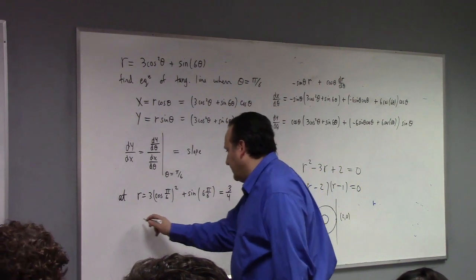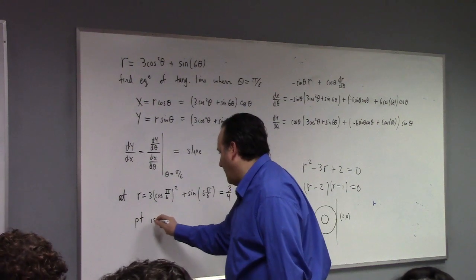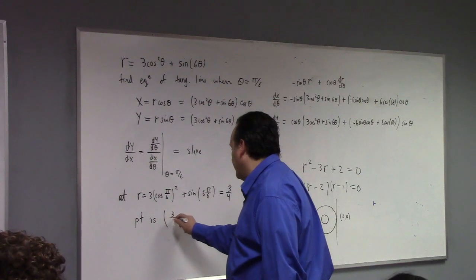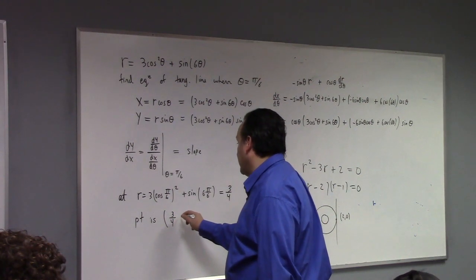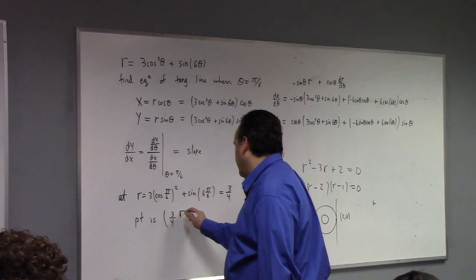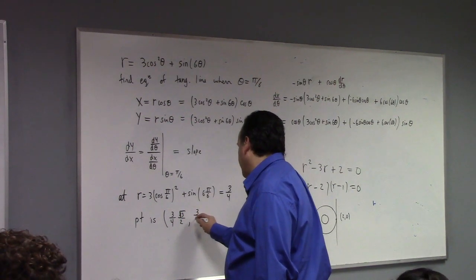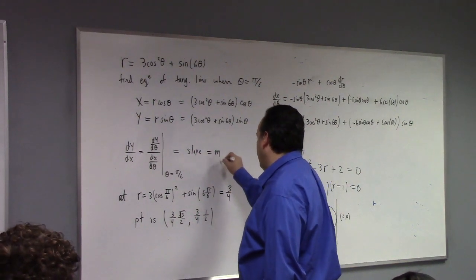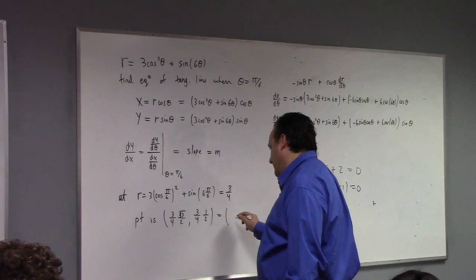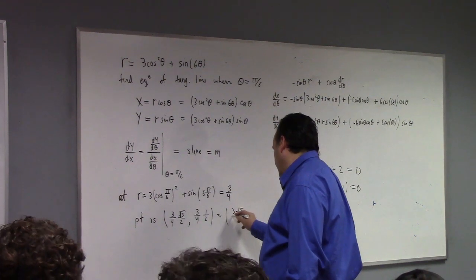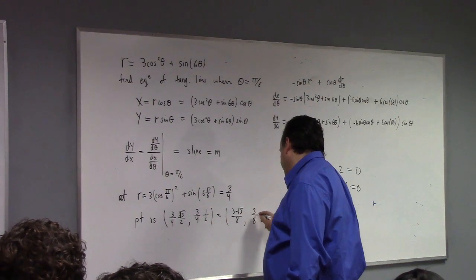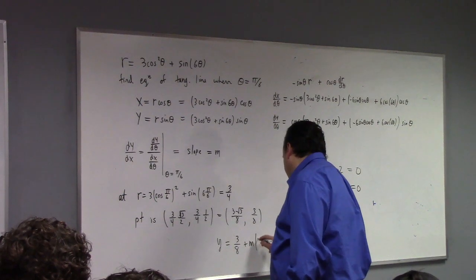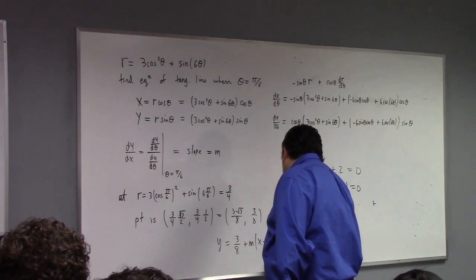So the point of tangency is 3/4 times the cosine of pi over 6, which is root 3 over 2, comma 3/4 sine of pi over 6, which is 1/2. That gives me 3 root 3 over 8, 3 over 8. I'll call the slope m for brevity, so my equation would be y equals 3/8 plus m times x minus 3 root 3 over 8.